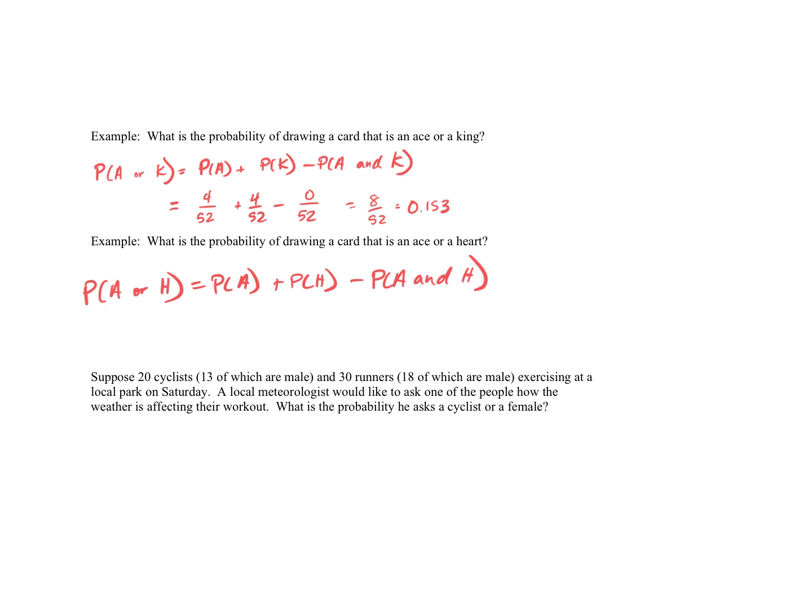Now, we just said the probability of an ace is 4 out of 52. Does anybody know the probability of a heart? 13 out of 52. Are there any cards that are both ace and heart? How many? 1, the ace of hearts.